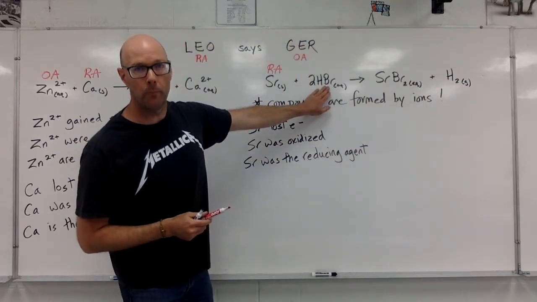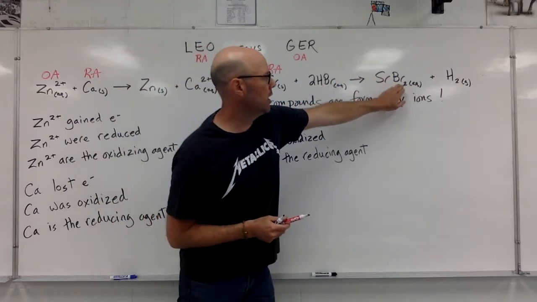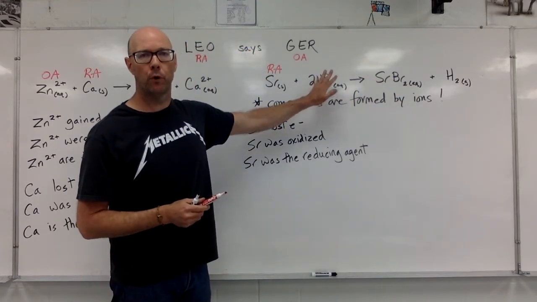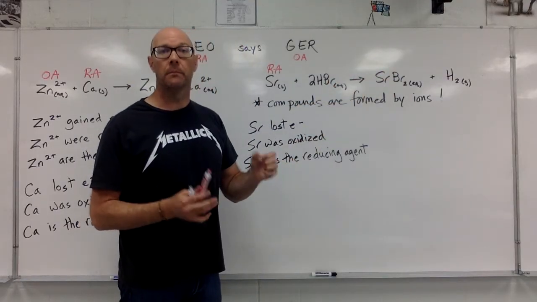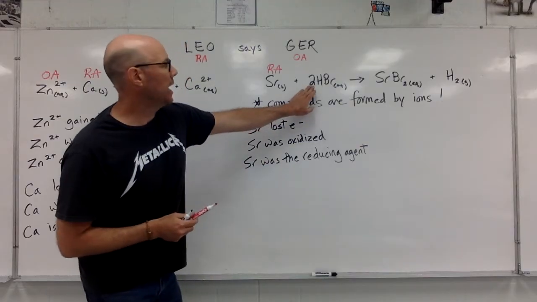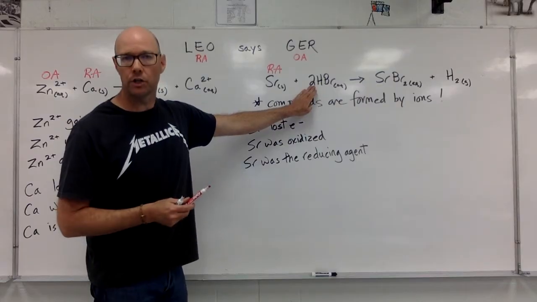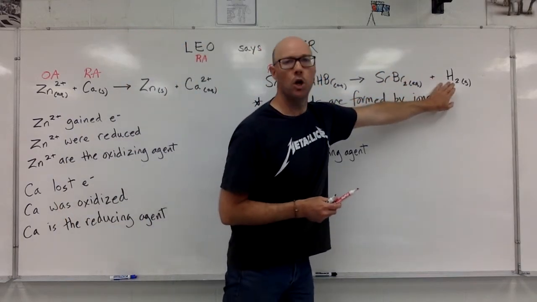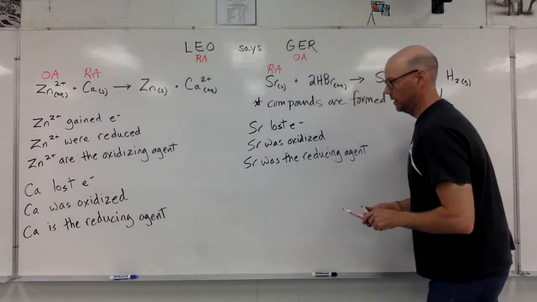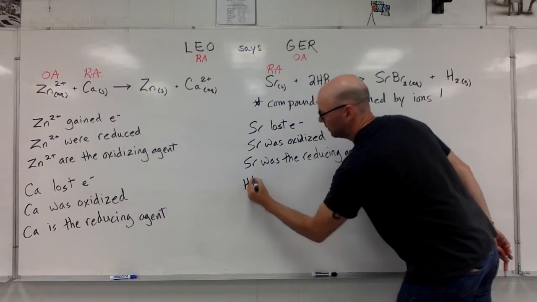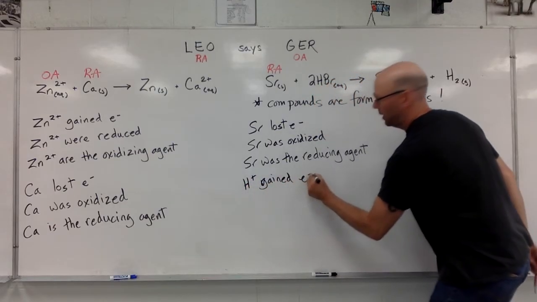The bromine ions are still in a compound. The bromine ions did not change. They're in a compound before, as ions. They're in a compound after the arrow, again, as ions. So it's the hydrogen that actually underwent some change. It's hydrogen ions, positively charged ions, became neutral hydrogen atoms. The H plus here gained electrons.